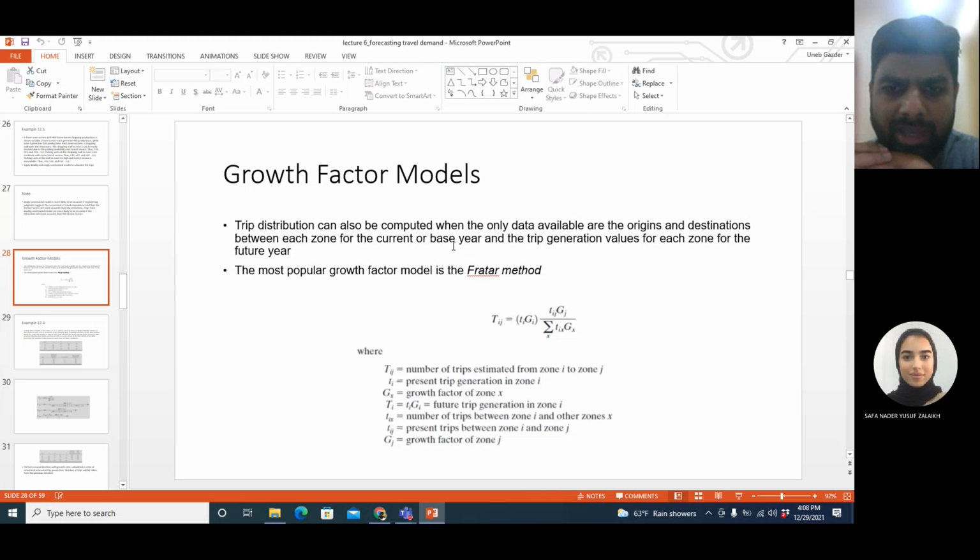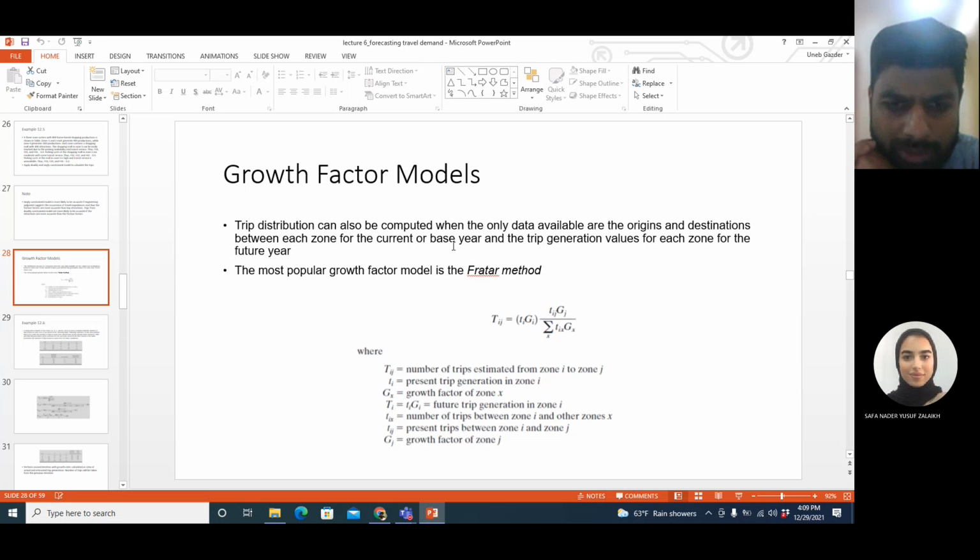And then we have Ti, which is the number of trips between zone i and any other zone, Tix. If you multiply ti with Gi, it will give you capital Ti, which is the future number of trips generated from zone i.